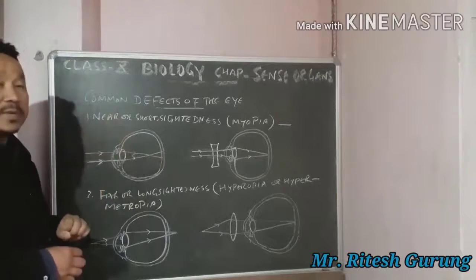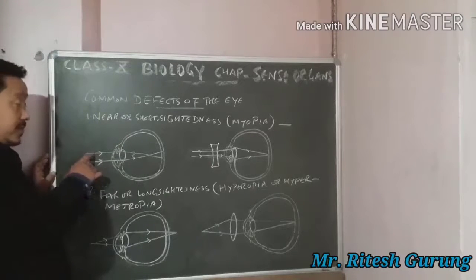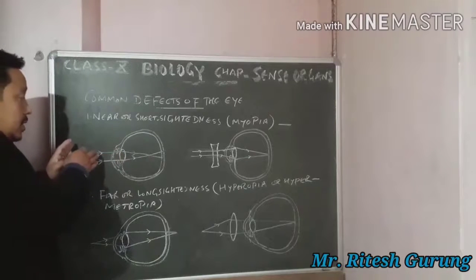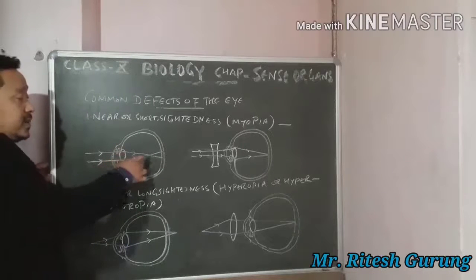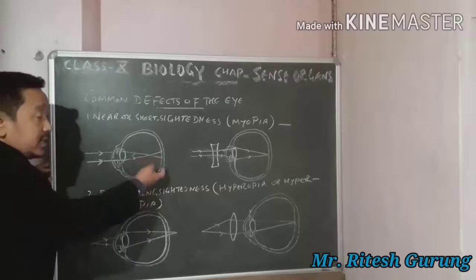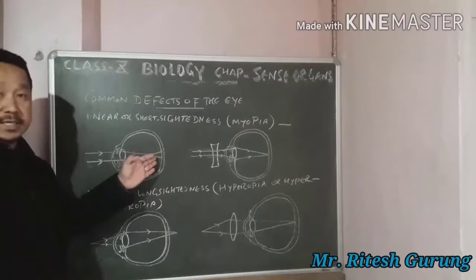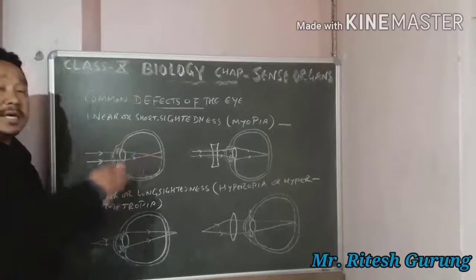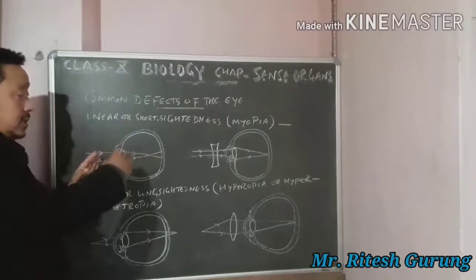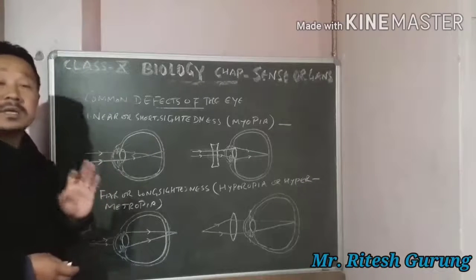In this case, the light rays coming from the object will make an image in front of the retina, not on the retina. It should be made on the retina, but it forms just in front of it. So the near objects can be seen clearly, but distant objects are seen blurred.